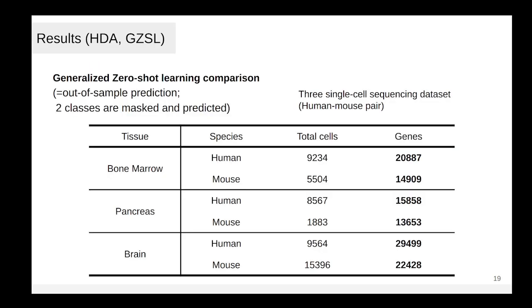After that, we compared our SATL approach with other generalized zero-shot learning models. The main task was out-of-sample prediction. We masked 2 classes in each data set and tried to predict them in the same way. We used 3 different single-cell sequencing data sets, and each data set has a human and mouse pair.